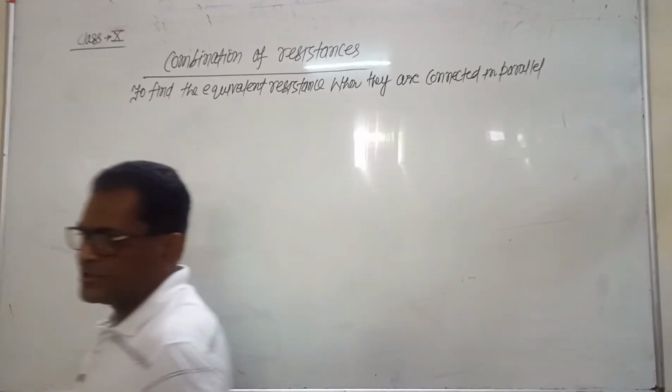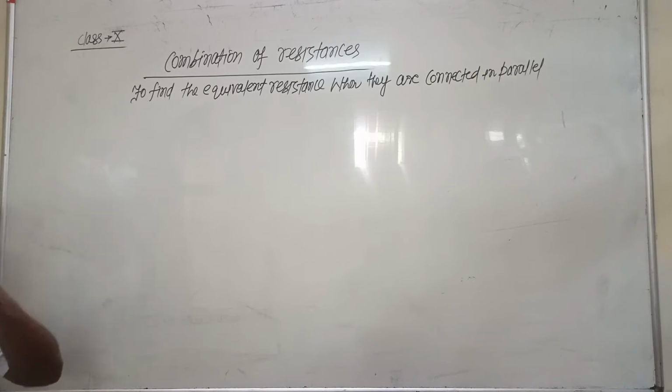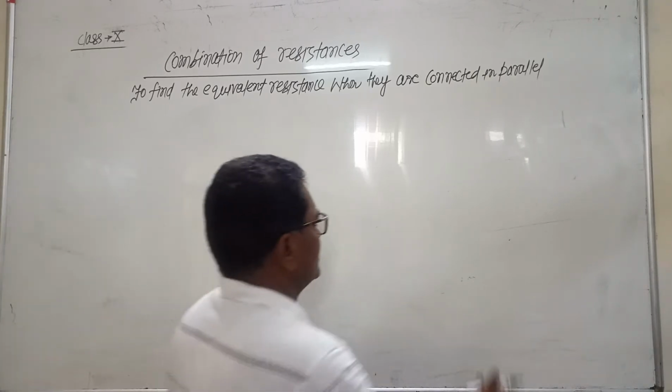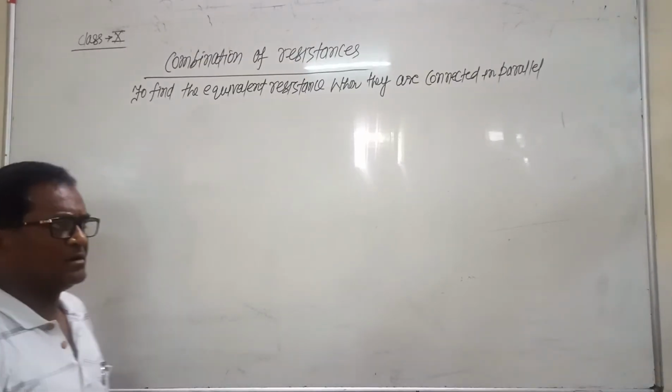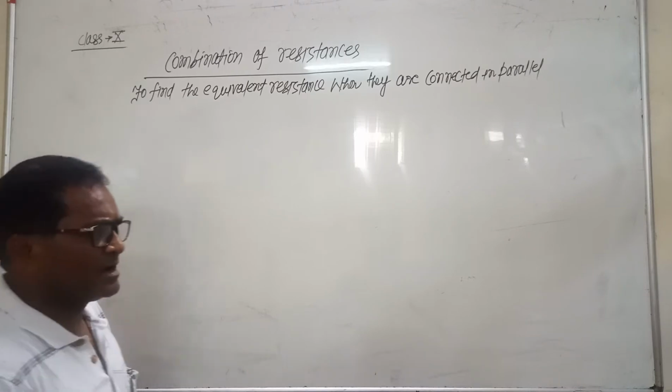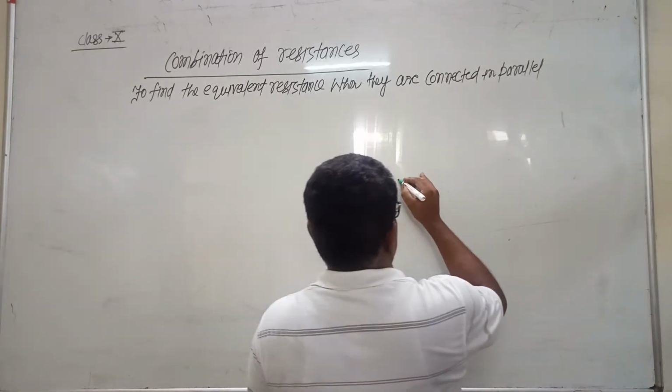Suppose there are three resistances and they are connected in parallel. So to find the equivalent resistance or total resistance: in parallel combination, various resistances are connected between the same points.